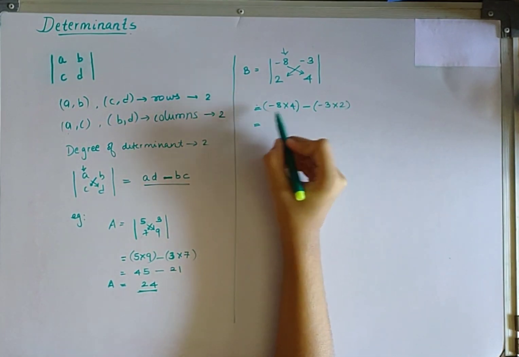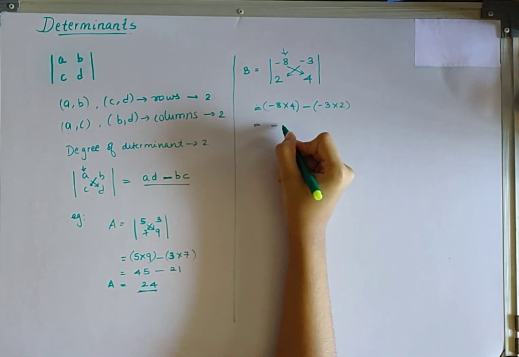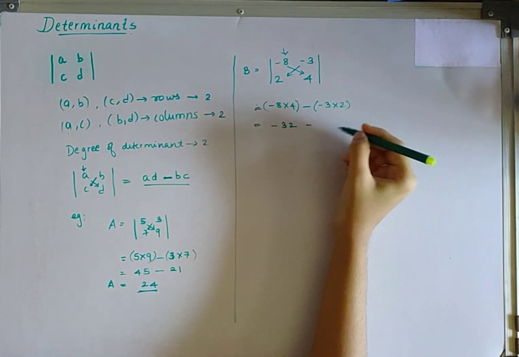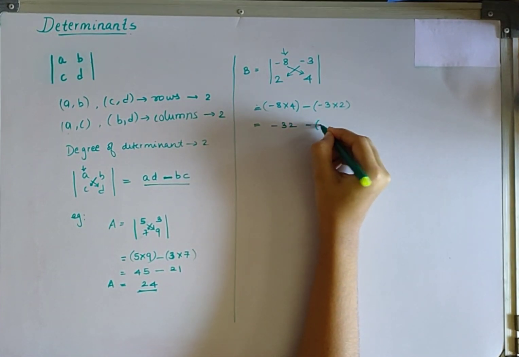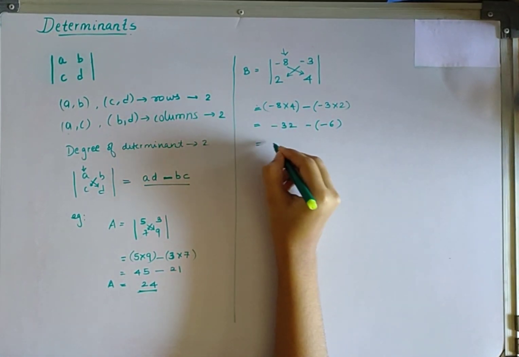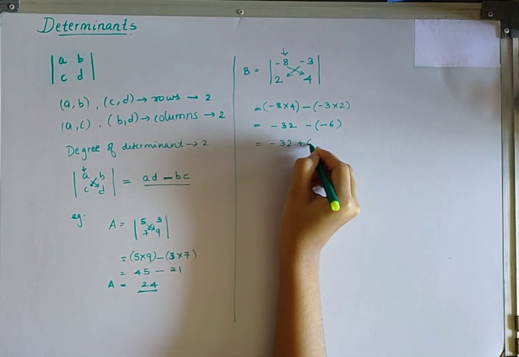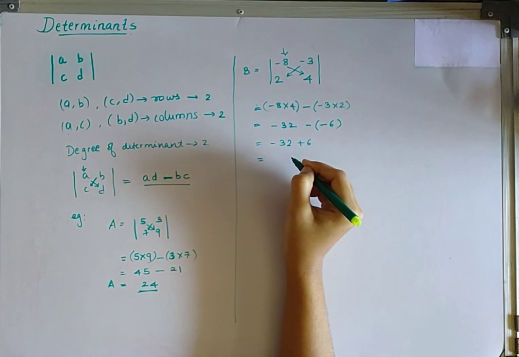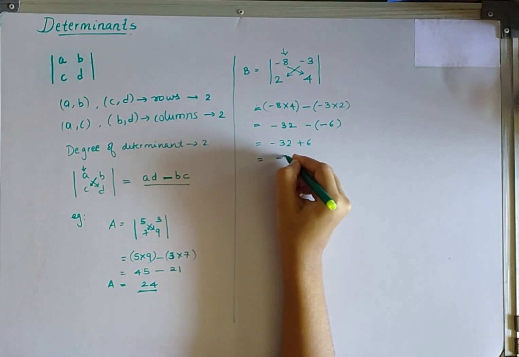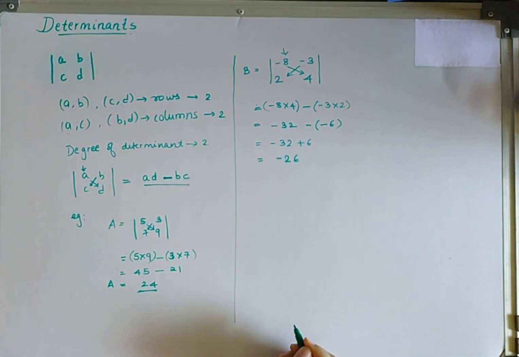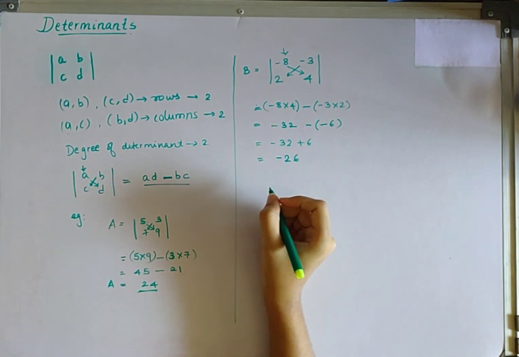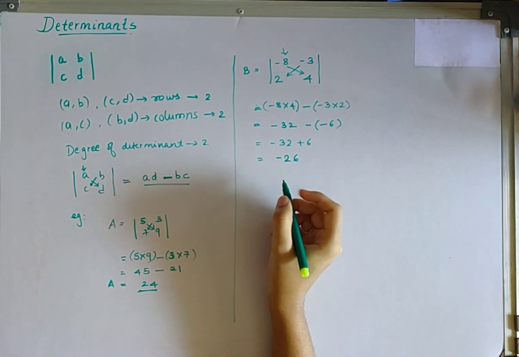What is this? Minus 32 minus of minus 6. So that is minus 32 plus 6. What is it? Minus 26.